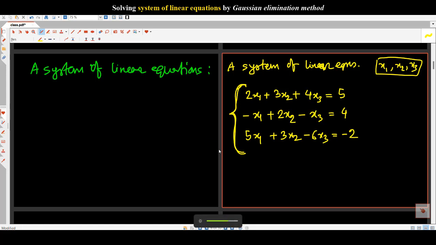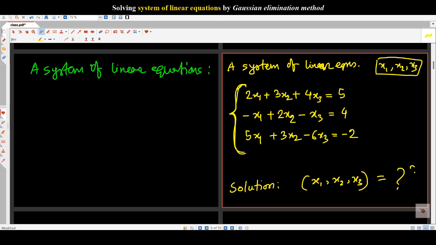Now if we have to solve this system of linear equations, the solution will be x1, x2 and x3. We don't know what the solution is, but it will come up in this format. You will get the value of x1, you may get the value of x2, and x3 can also be found.